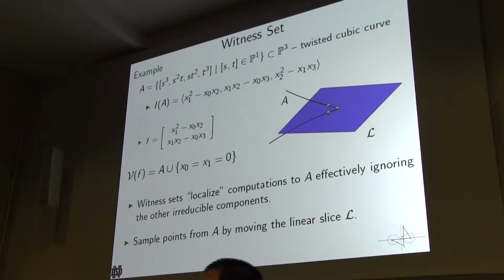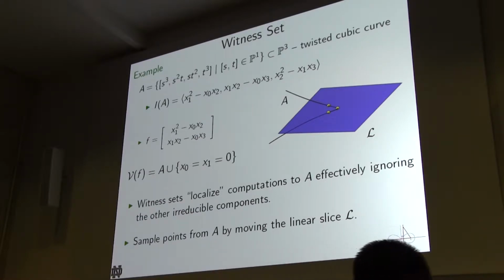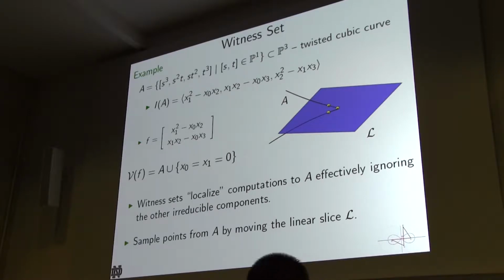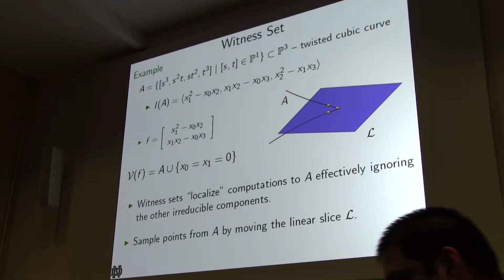It only sees the twisted cubic that it lies on. So it's not quite quotient or saturation, but it's in that spirit that we can localize to our component.